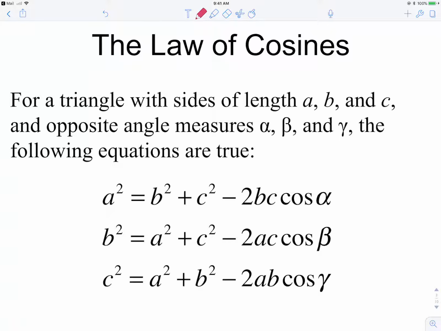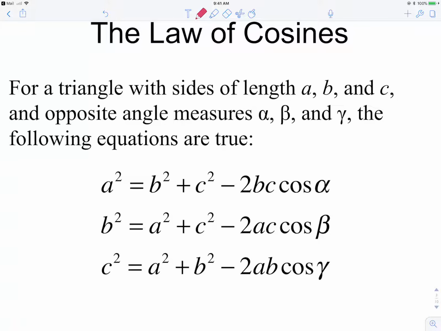It's really just the side opposite the angle that cosine is being evaluated with, squared, equals the sum of the other two sides squared, minus 2 times each of the other sides times cosine of the angle that is opposite to the side that's on the other side of the equation, right? So you just need to really memorize the order. A, B, and C are arbitrary based off whatever information you're given. So it's not really three formulas that you have to memorize.